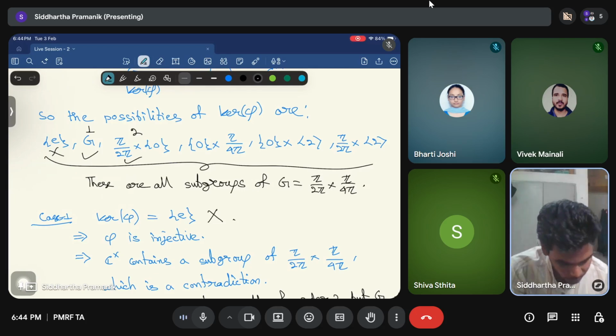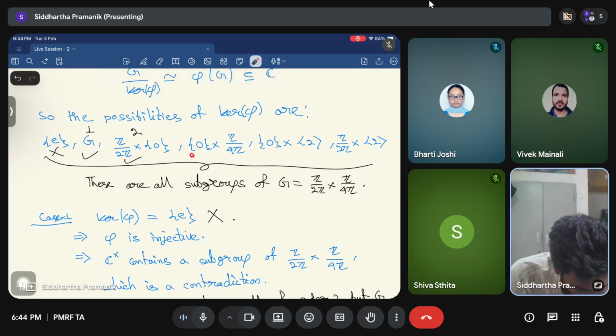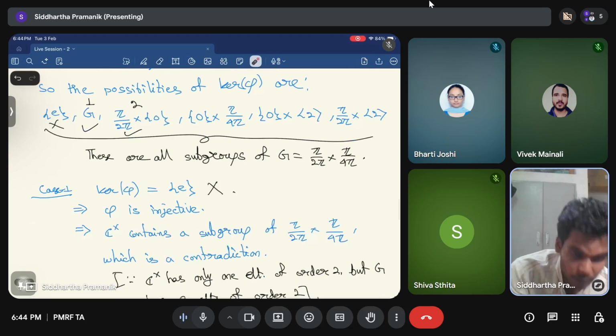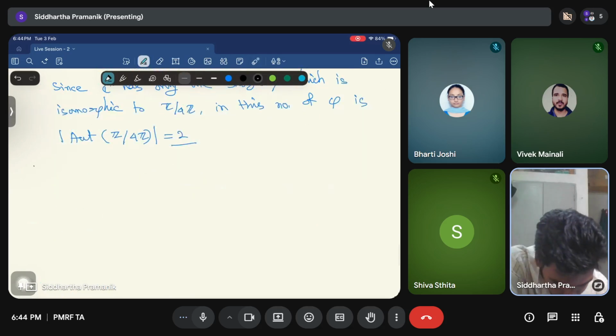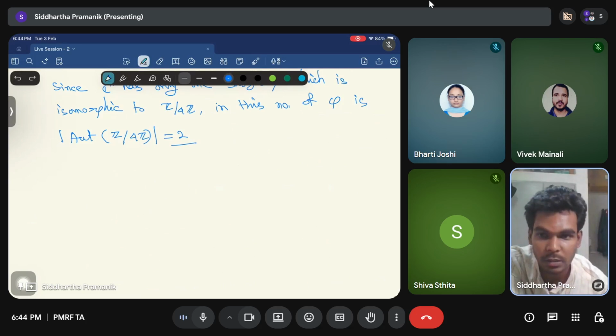Okay, so there are 3 other choices. I will do one more, and the rest of the cases are similar. So let's just do one more case. If you have any doubt, just unmute or write it in the chat box.